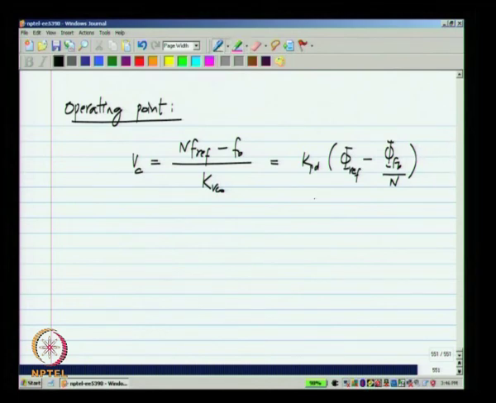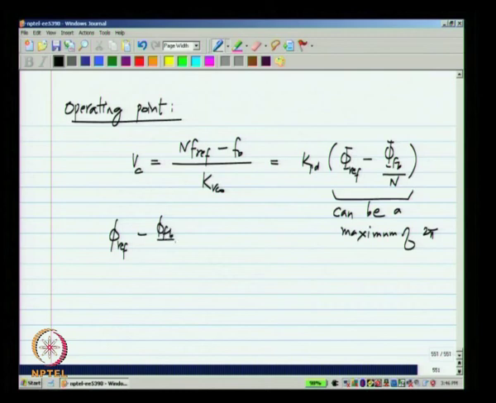Now, this phase difference detected by the phase detector can be a maximum of 2 pi in our case. So, what does that mean? The maximum magnitude of this can be only 2 pi.